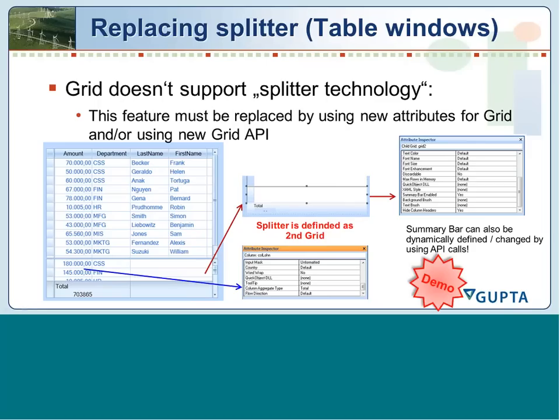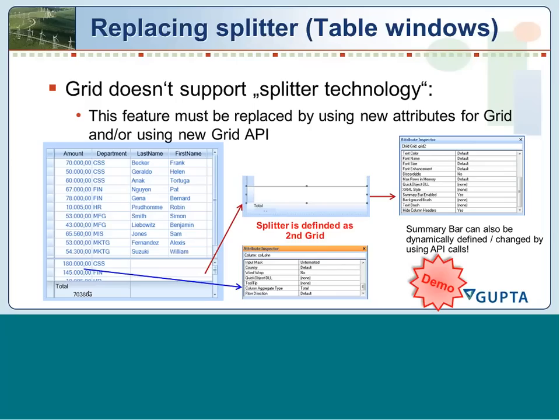Well, we have a summary bar. Also, we have some API calls with which you can hide and display the summary bar, and you can change values, you can change the labels of it, and so on.